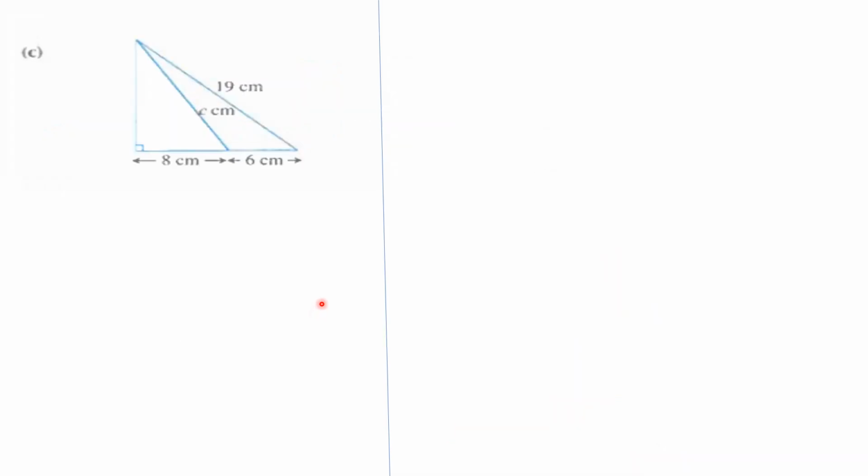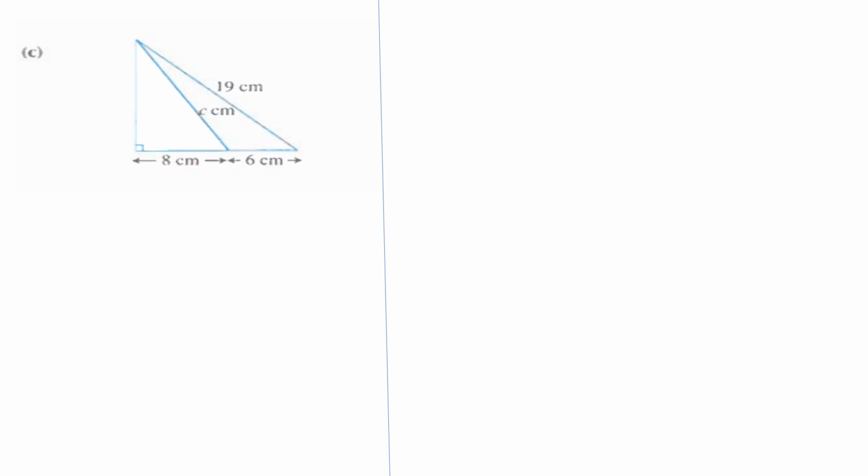Coming to part C, this question is a bit similar to part B. Now look at this question, and the hint I have given to you is two sides must be known to find the third side, which will be the unknown. In this case, the unknown is C, but we know that the known sides are 19 cm and this one. This one, the complete is given as 8 cm and 6 cm.